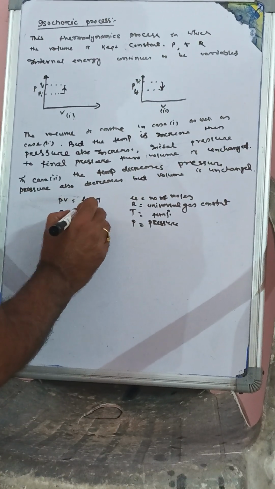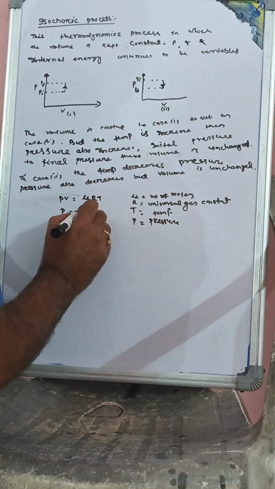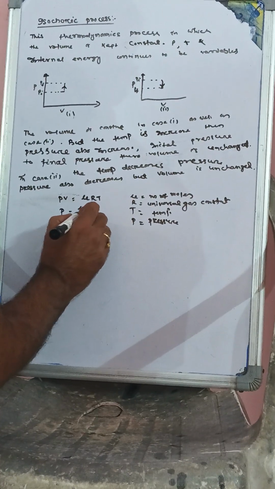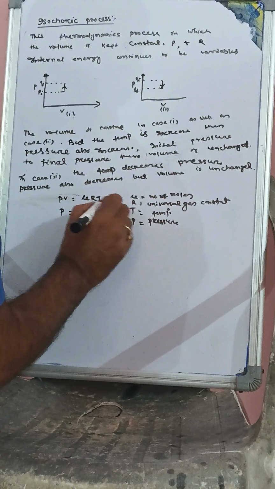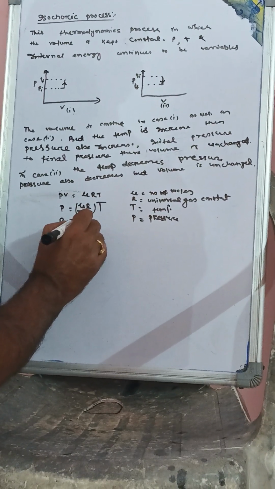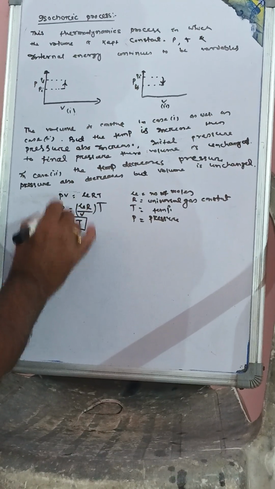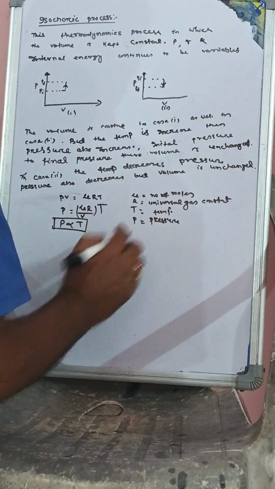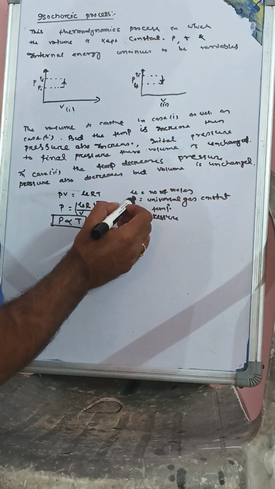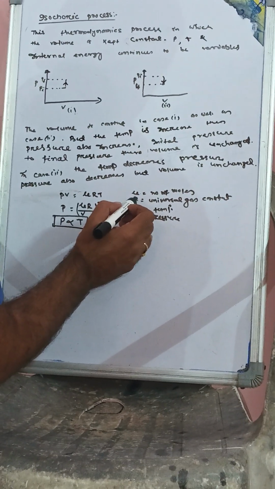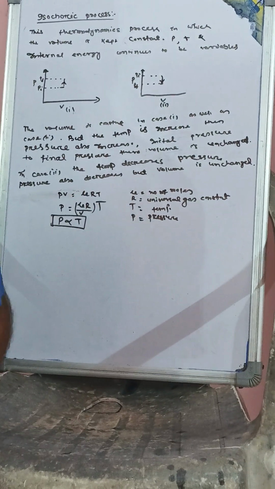P is equal to mu R by V into T, so P is directly proportional to temperature. We find a very important thing, the dimensional formula for R.